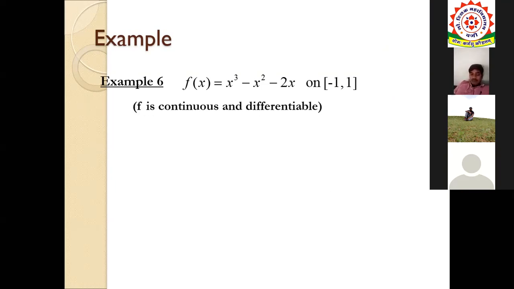Obviously, the function is algebraic, so it is continuous. There is no reciprocal term in the algebraic function, so it is differentiable. So we can easily apply the mean value theorem, because for the mean value theorem we need only a continuous and differentiable function.